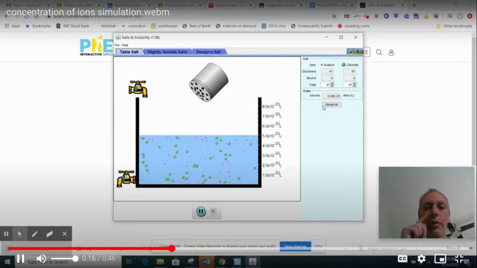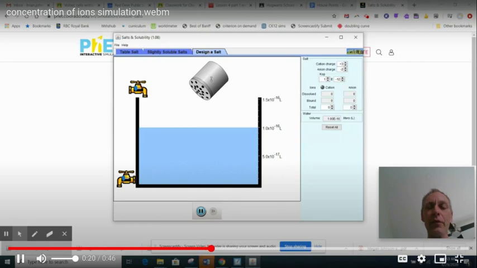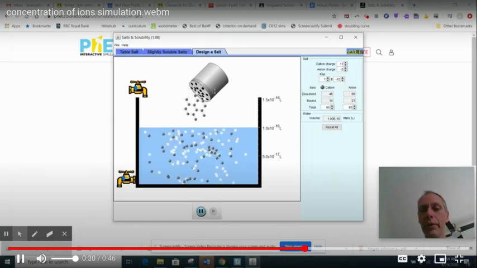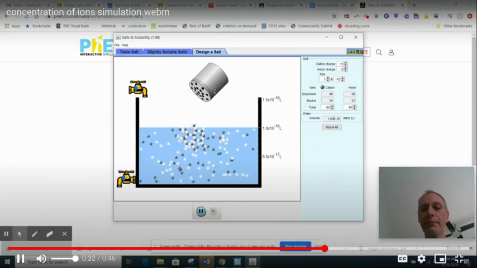Okay, now I move to a trickier example. This is the aluminum sulfate. So Al3+, SO4 2-. So here's the crystals about to hit the water, and you can see each crystal, if you could zoom in, is made of 2 aluminum and 3 sulfate. So when it hits the water, our ratio is, wait till we get a nice whole number here.